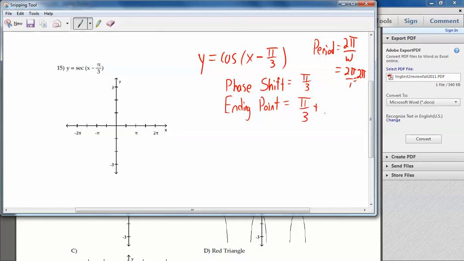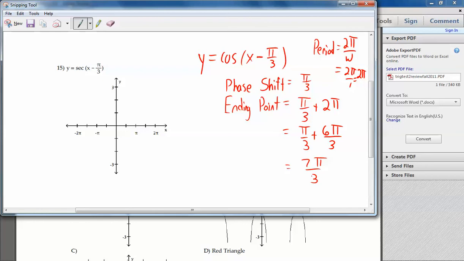So that means my ending point is going to be my starting point plus 2 pi. The starting point was pi over 3 plus the period. Get a common denominator. That's going to be pi over 3 plus 6 pi over 3, so that's 7 pi over 3.